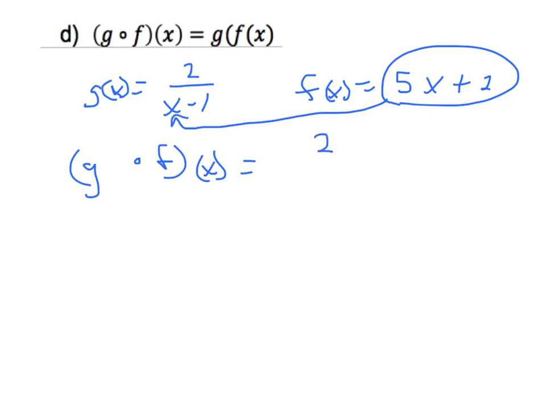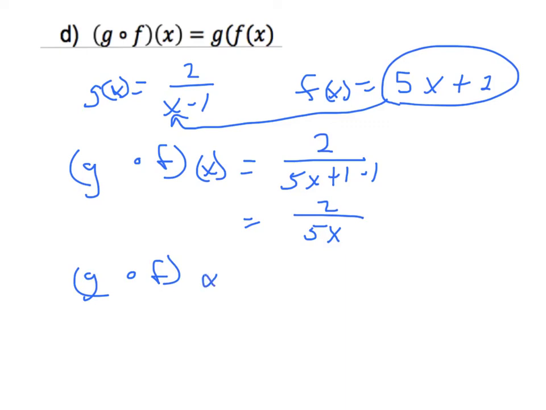So I will get 2 over 5x plus 1 minus 1. Now we can simplify that, because it simplifies down to 2 over just 5x. So that tells me that g of f of x is equal to 2 over 5x.